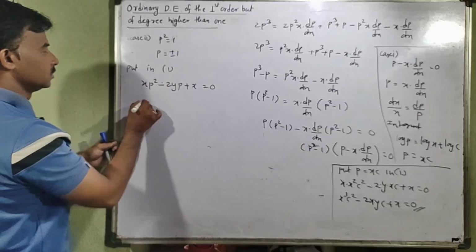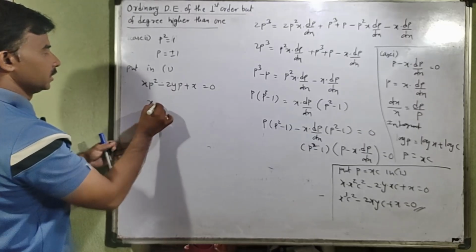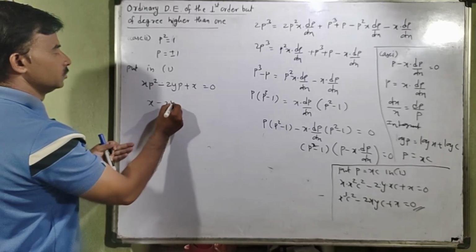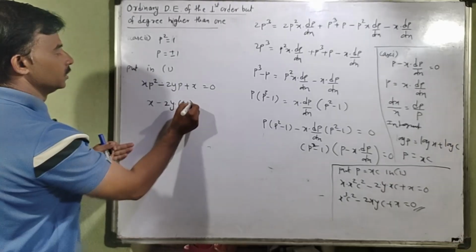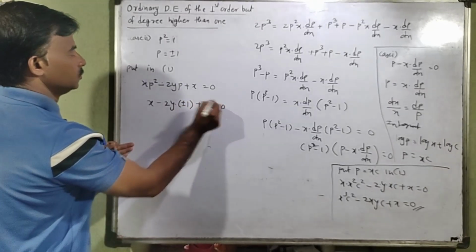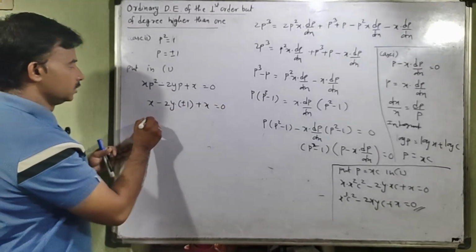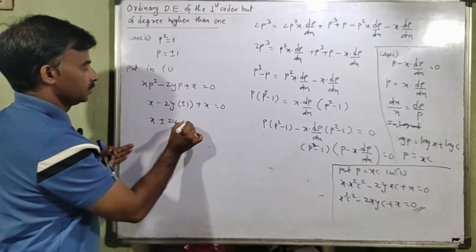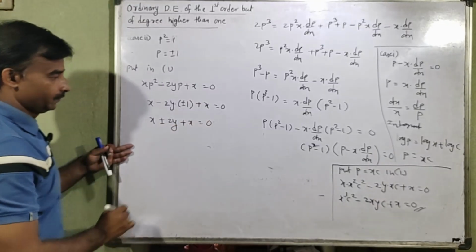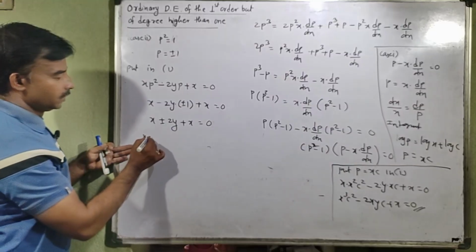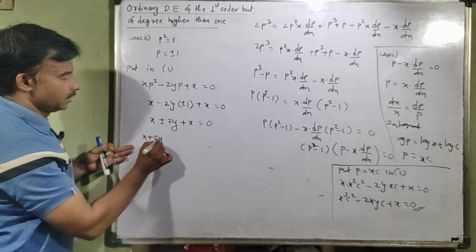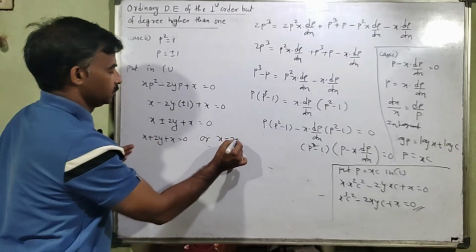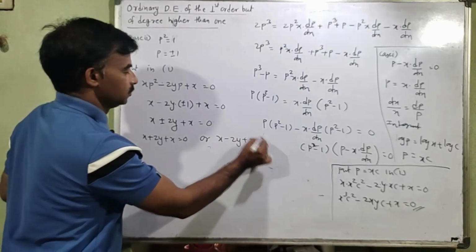Taking p is equal to plus minus 1, (plus minus 1) square is equal to 1, and therefore it is x minus 2 into y into plus minus 1, plus x is equal to 0. Taking one, x plus 2y plus x is equal to 0, or x minus 2y plus x is equal to 0.